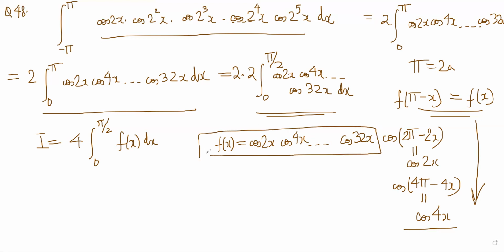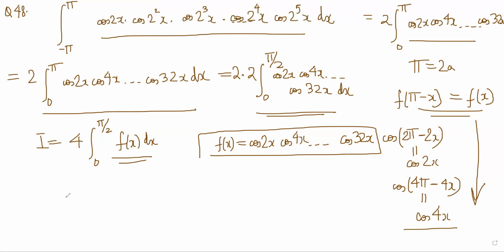Now you will realize here that this is equal to 4 times the original function. No, this was the function. No, I was this thing. So 2 times this thing, correct? 4 times this thing.